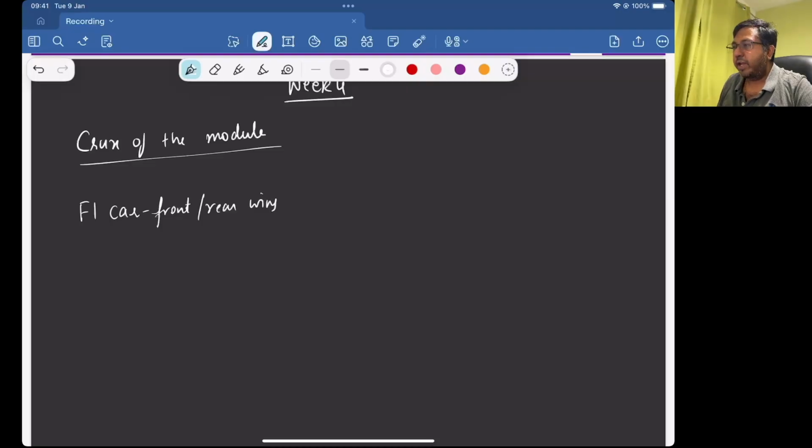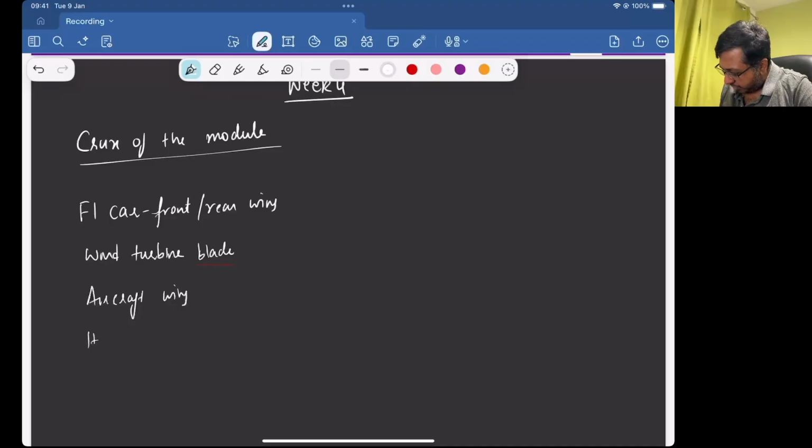It could be a wind turbine blade. It could be an aircraft wing. It could be a helicopter rotor.